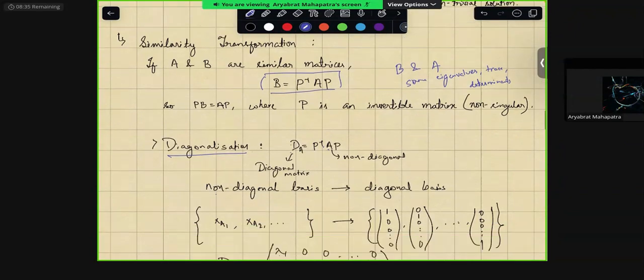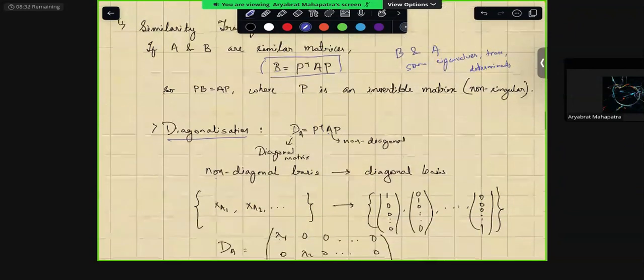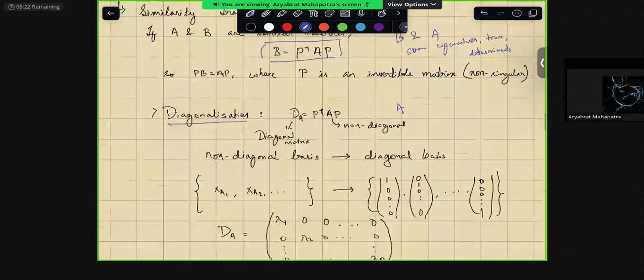One way to see that is this diagonalization property: there exists a matrix A, and if you want to diagonalize it, then this is the method to do it.